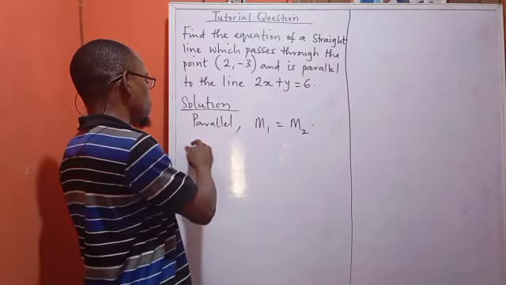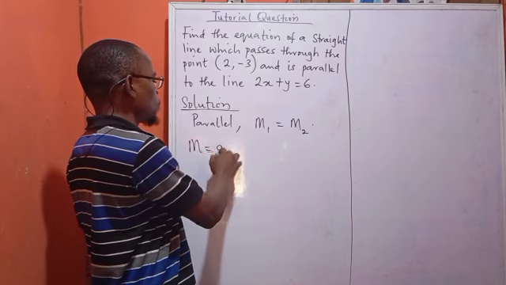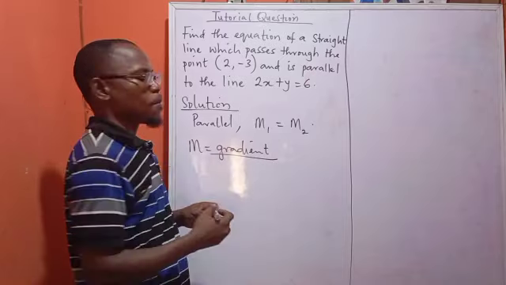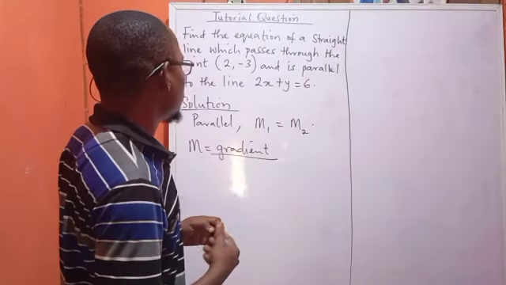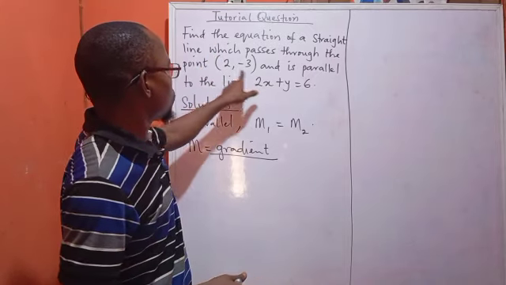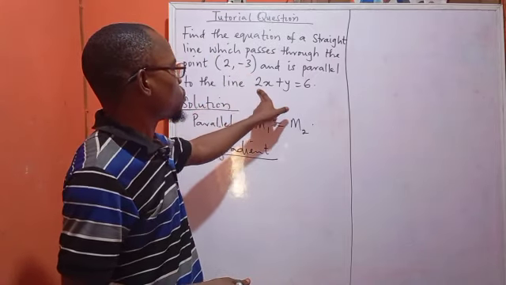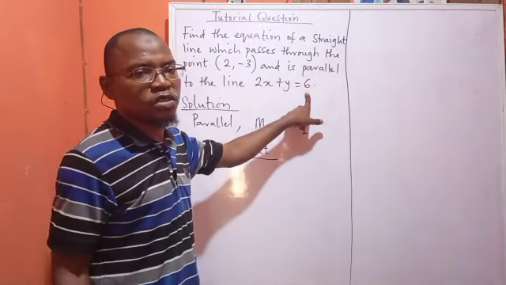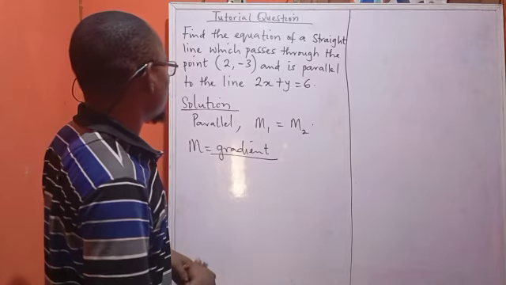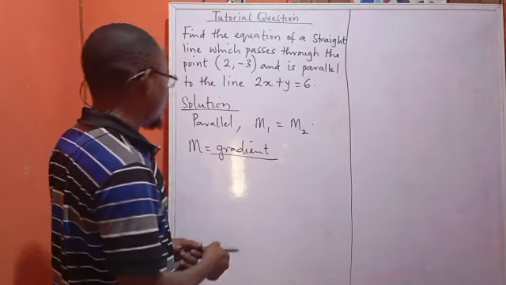And what does m mean? M is the gradient. So now what we will do is look for the gradient of this point, and also look for the gradient of this equation, and we'll equate them together. So let's look at how we can get that.